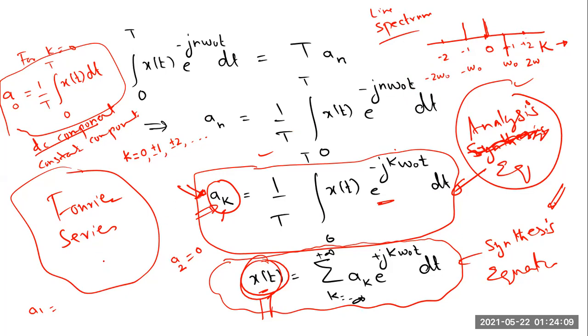utility of Fourier series. When you express a signal in terms of its Fourier series, you find out what different frequency components are present in your signal. Most of the time you will be looking at a signal in time domain.